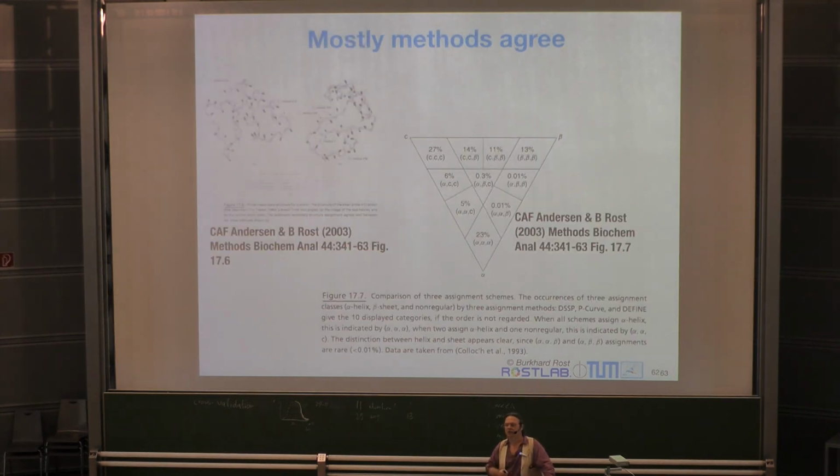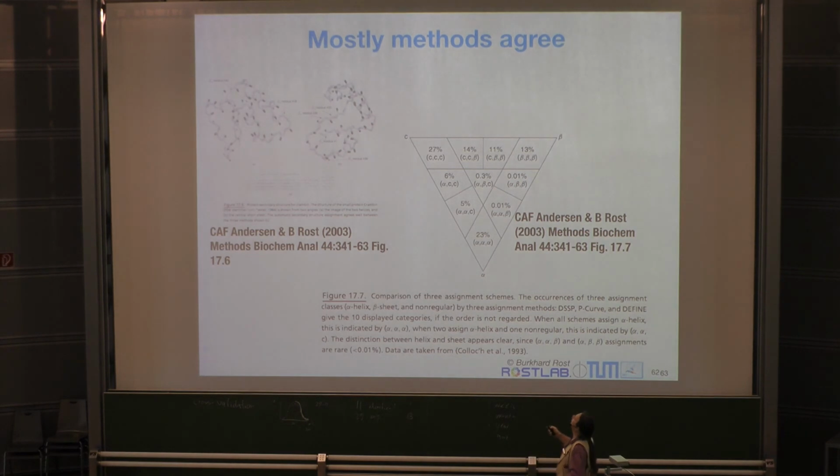Most secondary structure assignment methods mostly agree. That's what this triangle says. In the extreme examples here, we have 3 different methods. Most of the time they agree.